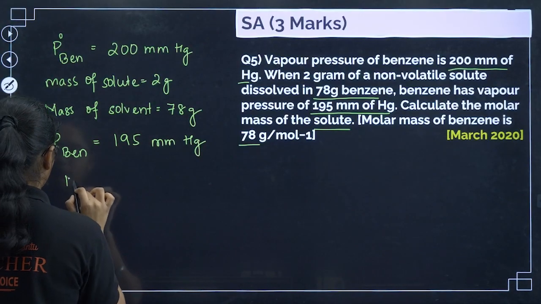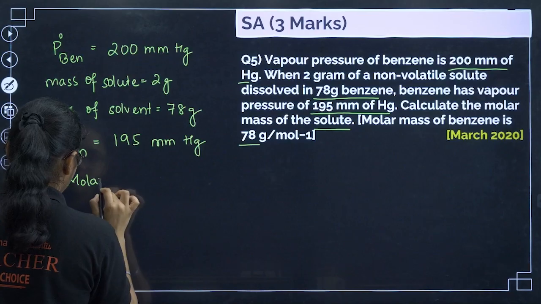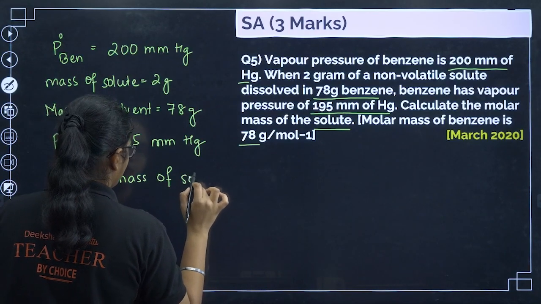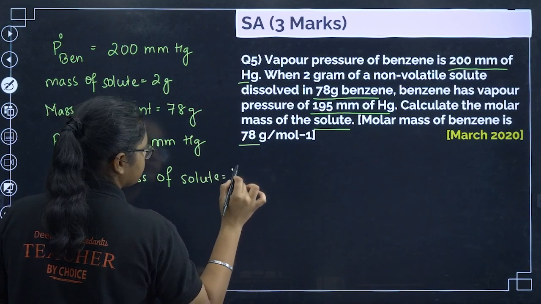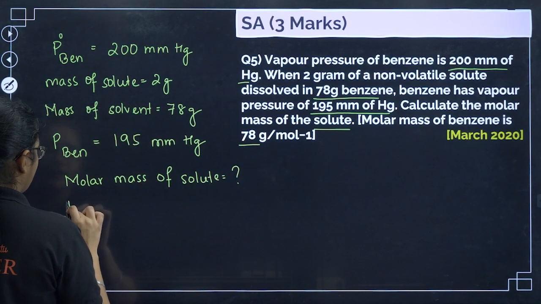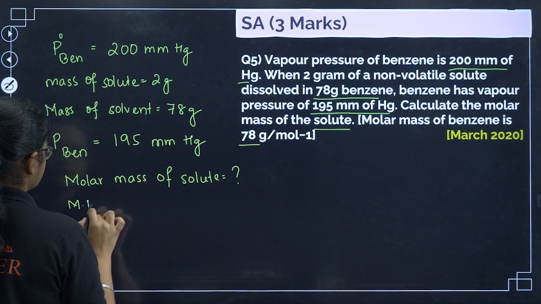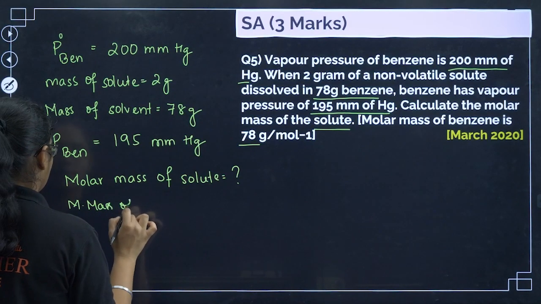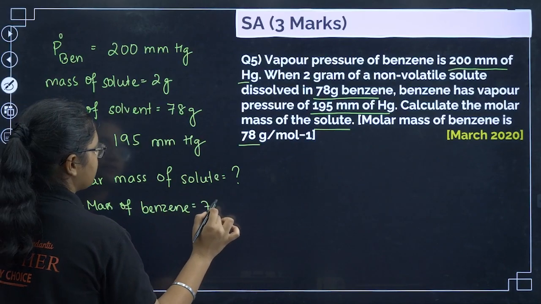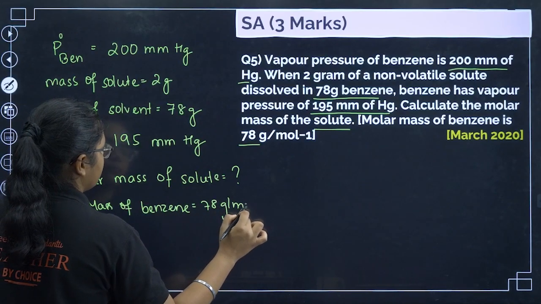You have to calculate the molar mass of solute. Molar mass of benzene we already know, which is equal to 78 gram per mole.